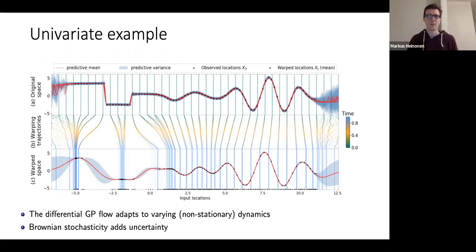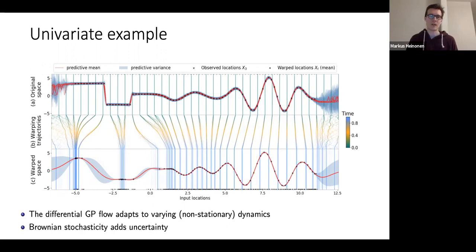So it seems that it's most optimal to move these points so that at these jump positions, we are moving the data points away from each other. And then when we have moved these data points away from each other using this SDE flow, which also has some uncertainties, we can then just apply a standard Gaussian process at the bottom, sort of representation of the data.